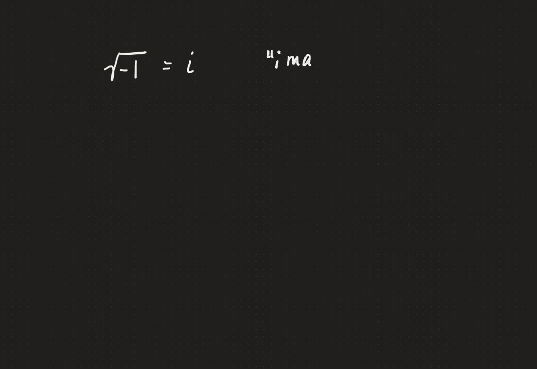Actually, imaginary is not a very good description of what i is, because i does exist when you are trying to describe the behavior of electromagnetism. Imaginary numbers have very real effects in physics and in other fields. But let's get back to how we are going to deal with them.